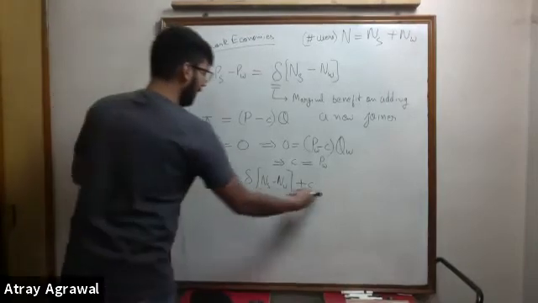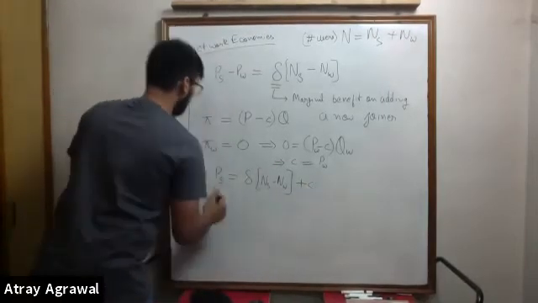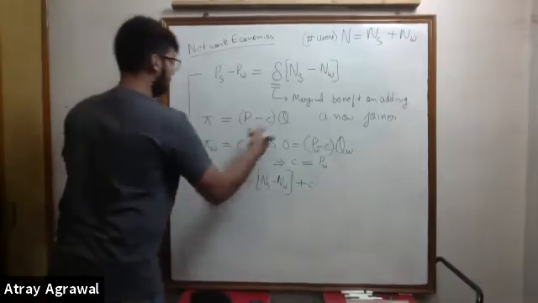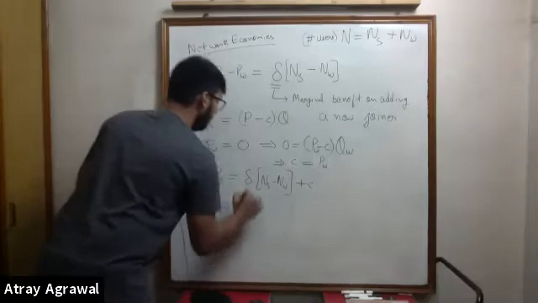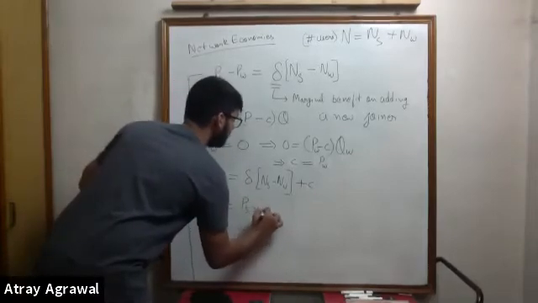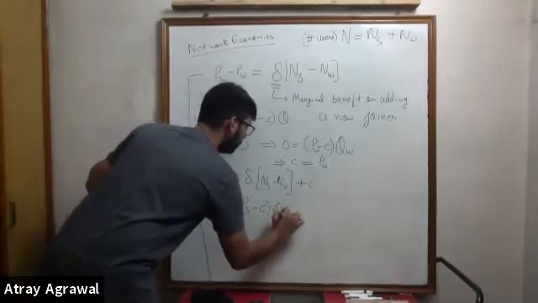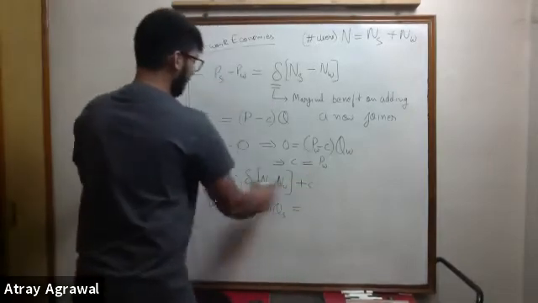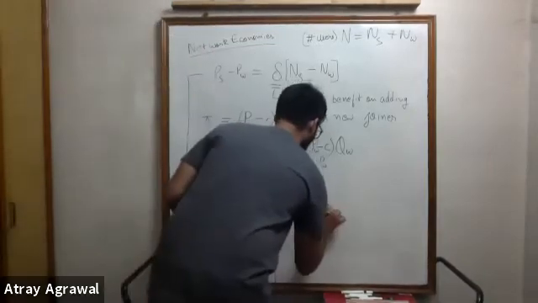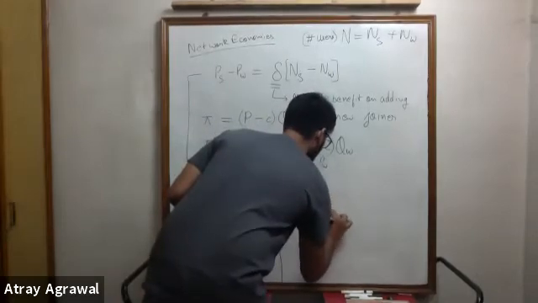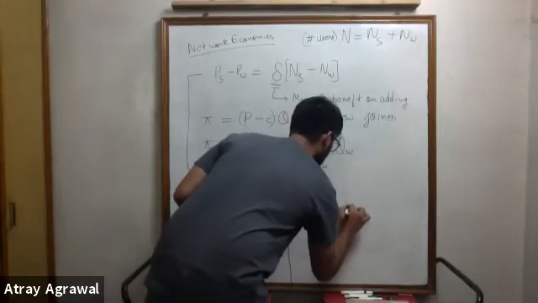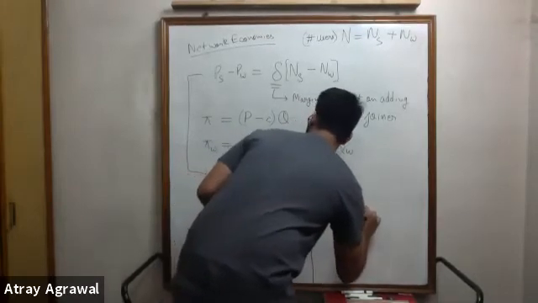Now, when I have this new P, what will be the profit of the strong company? Let's find out the profit of the strong company by using this. So P of S minus C into Q of S, which will give me, and I'll put these values here, delta NS minus NW.